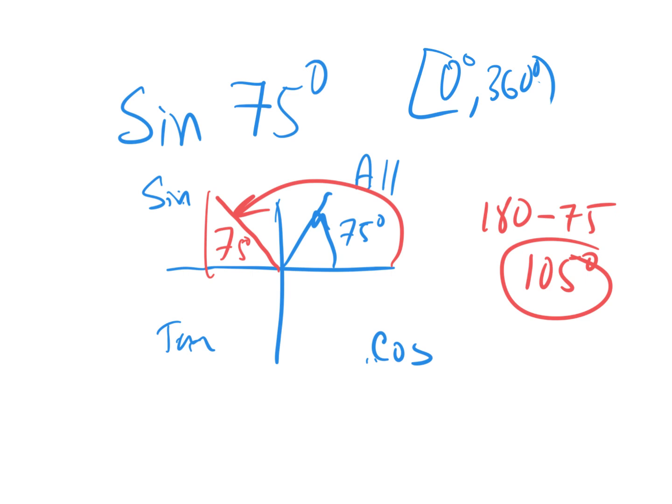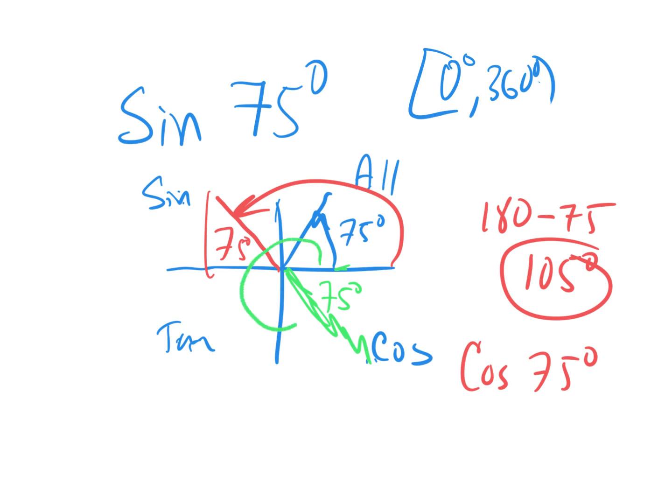What angle has the same cosine as 75 degrees? Well, again, it's a reference angle of 75. The only place the cosine is positive is down here in quadrant 4. So that's going to be a 75-degree reference angle.